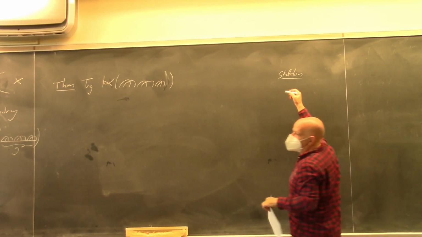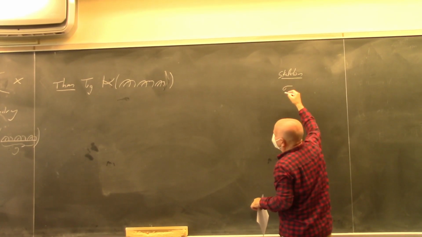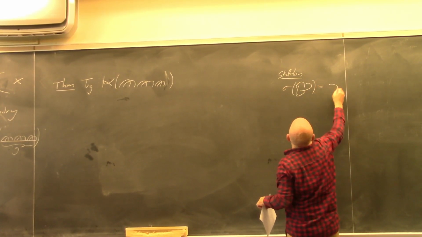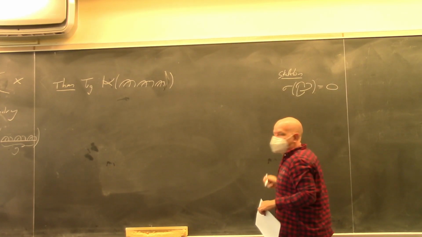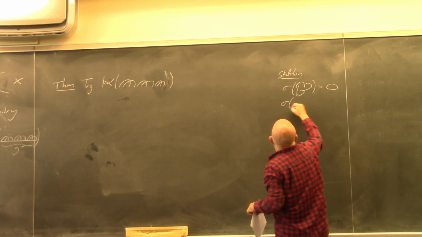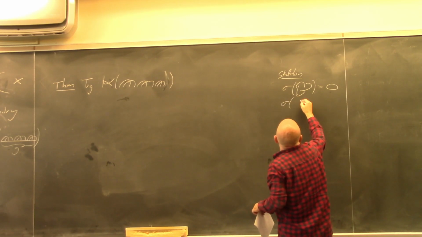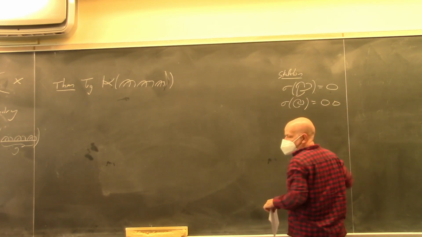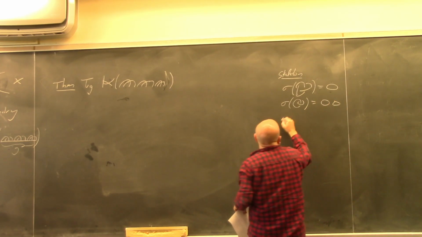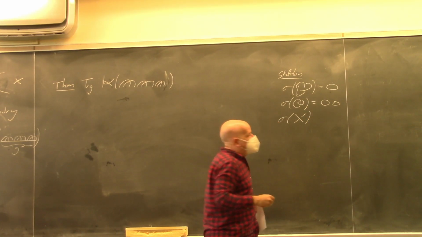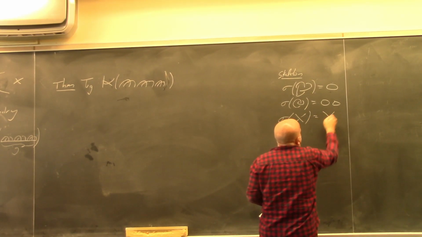So the skeleton of an ordinary knot is a circle. But it's an abstract circle, it's not an embedded circle. The skeleton of a link is a pair of circles, and so on. The skeleton of a tangle is just a bunch of lines.